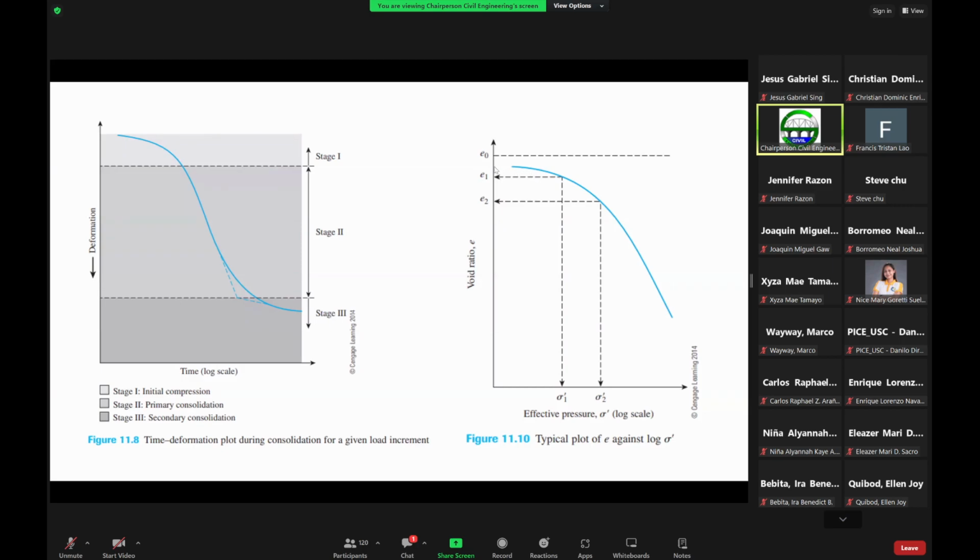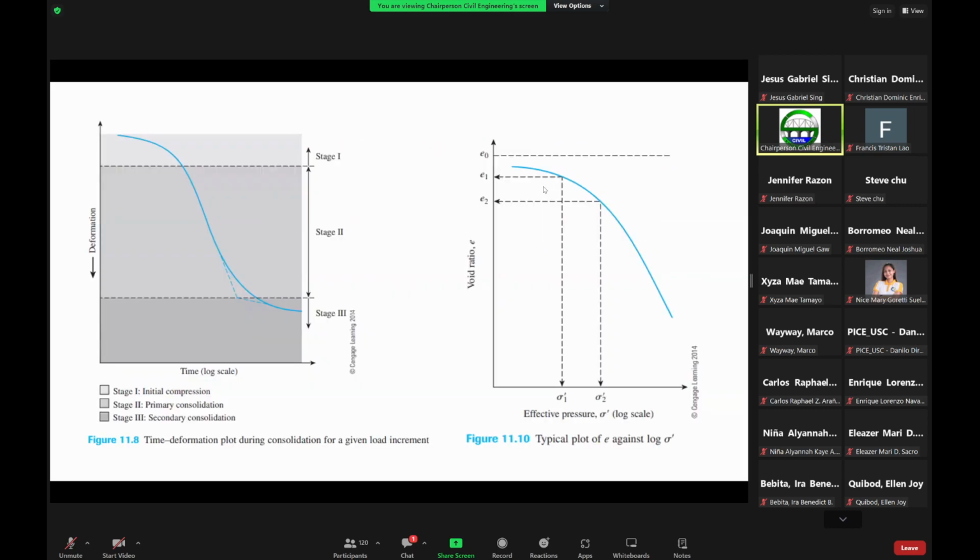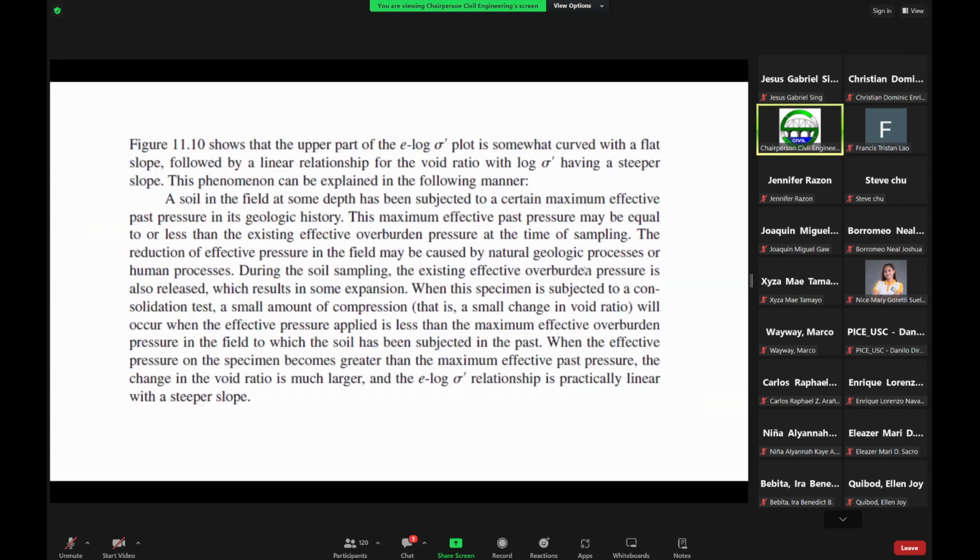So initially we have this part of the curve, and then we have this next part of the curve, where the curve starts to be linear. The reason for this is actually explained here.